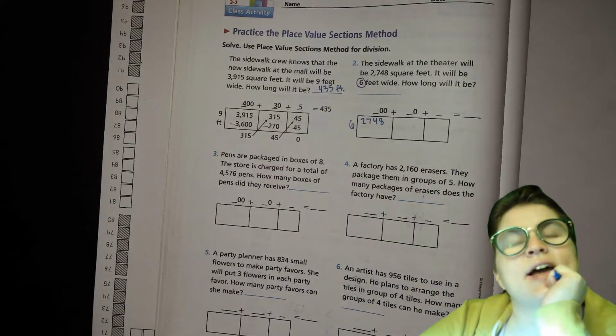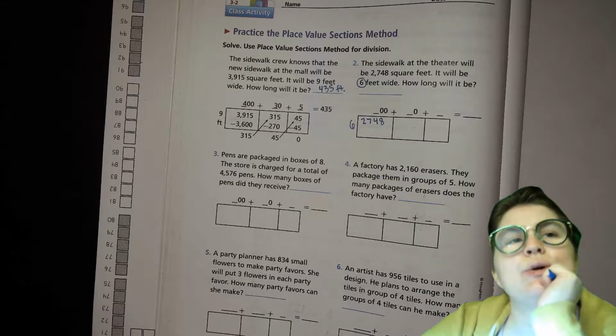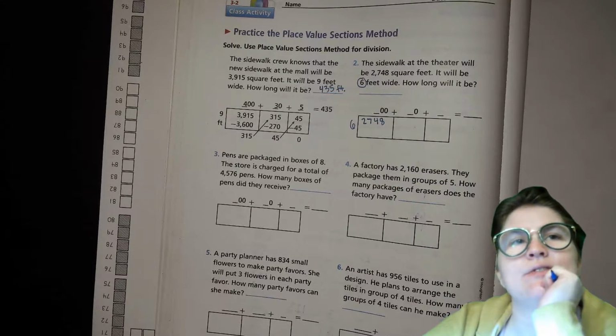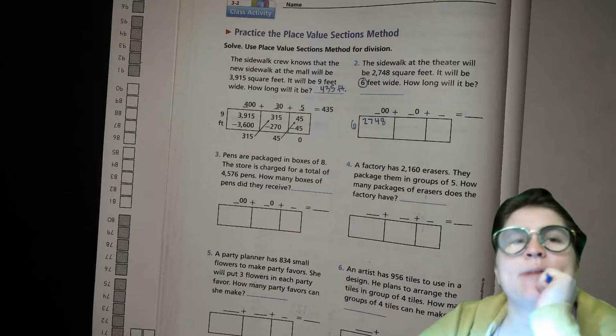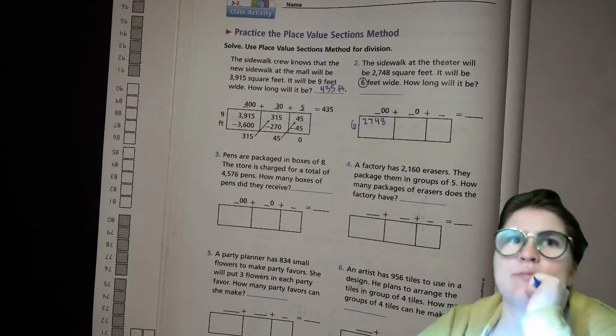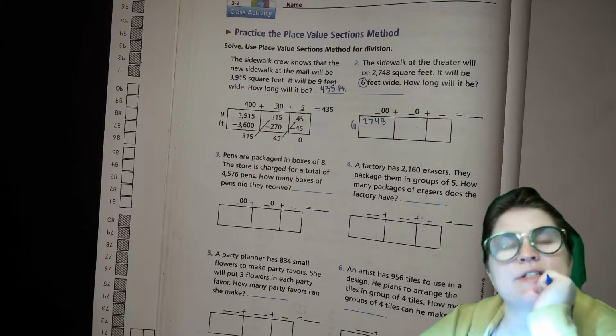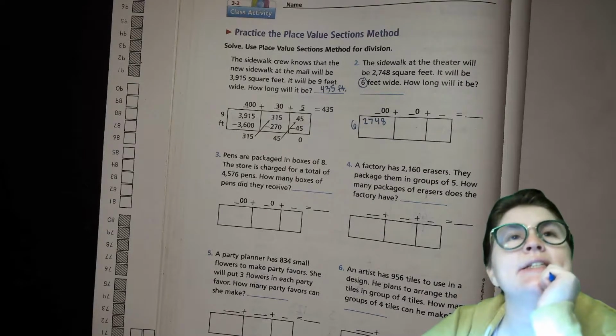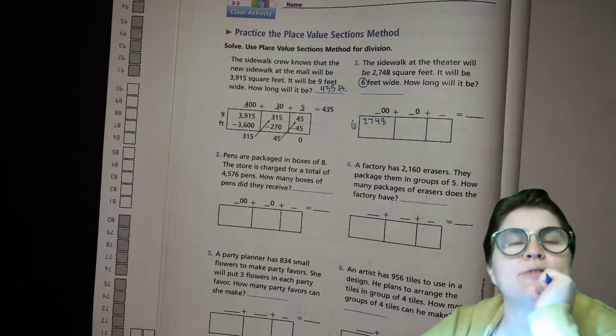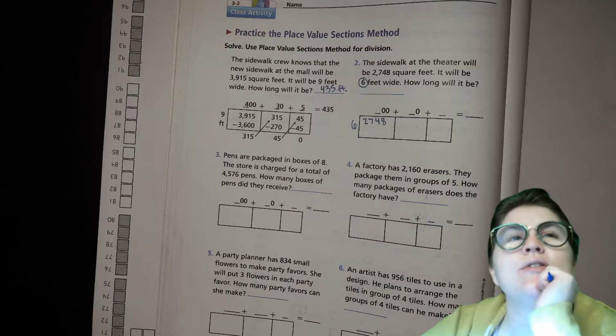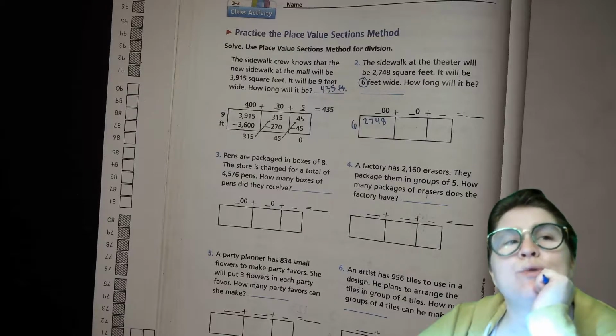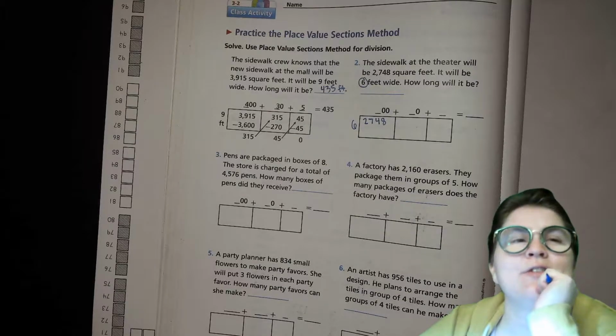Then I ask myself, 6 times how many hundreds gets me close to 2,700? So 6 times 100 is 600. 6 times 200 is 1,200. 6 times 300 is 1,800. That's closer. 6 times 400 is 2,400, and 6 times 500 is 3,000.